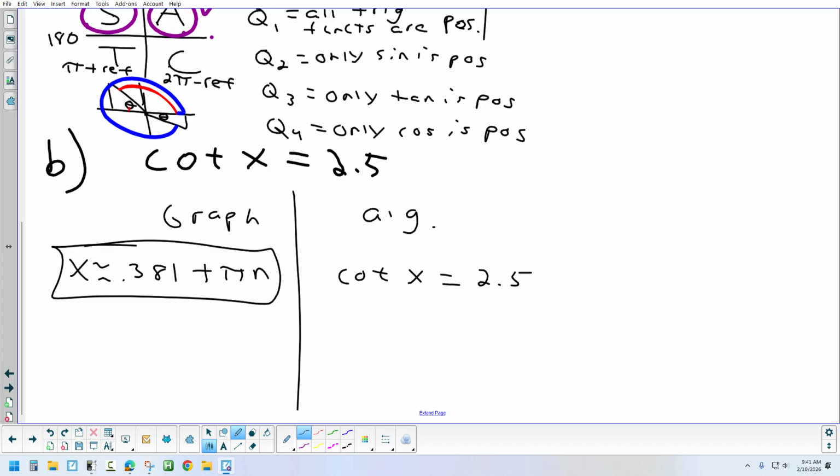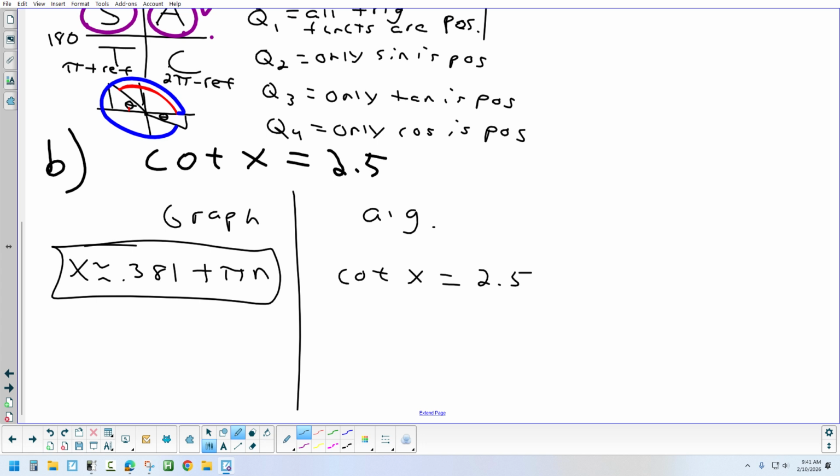How can we get x by itself here? What would we have to do on both sides? Well, what function are we trying to get rid of? Cotangent.